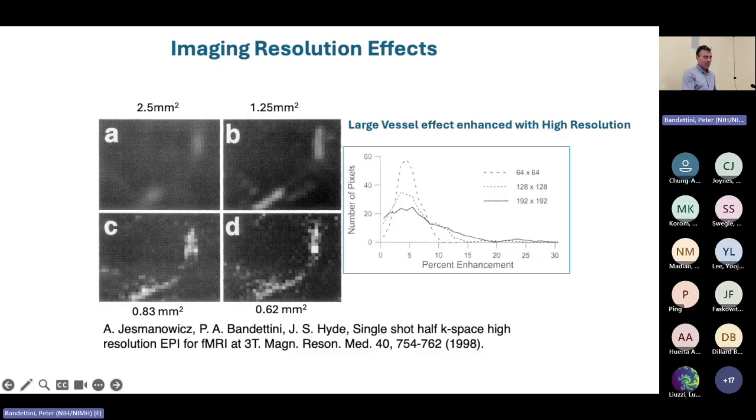And what we found is that if we were looking at the histogram of percent signal change versus number of voxels, we have less here, but a lot more of these 25 to 30% signal changes, because you happen to be filling your voxels completely with blood, and that's what fills it up.